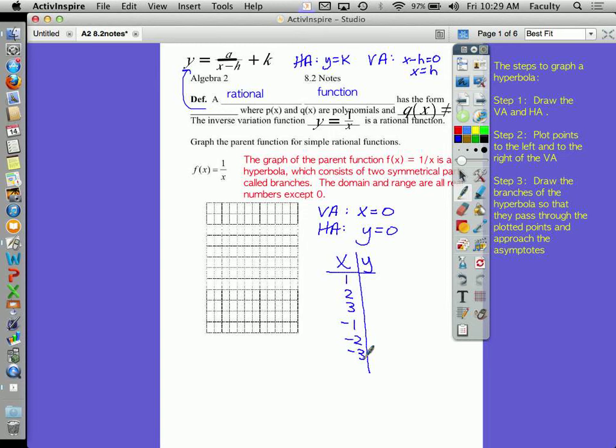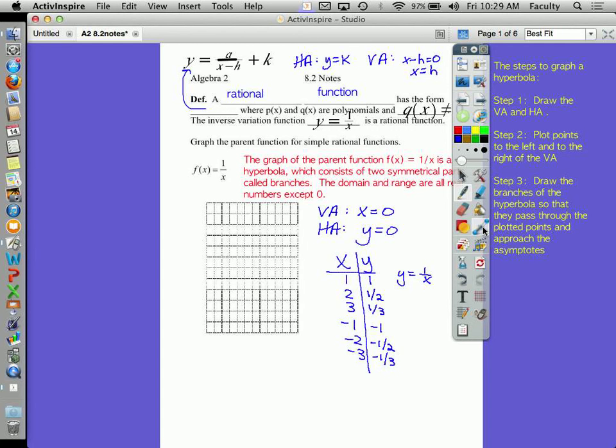If I plug in to y equals 1 over x, 1 over 1 is 1. 1 over 2 is 1/2. 1 over 3 is 1/3. Now when I plug in x is negative 1, I get 1 over negative 1. I get 1 over negative 2, which is negative 1/2. And if I plug in 1 over negative 3, it's negative 1/3.